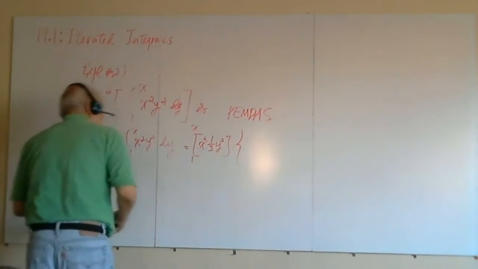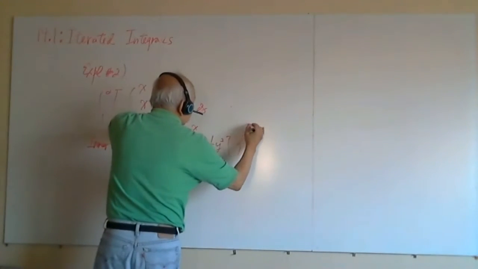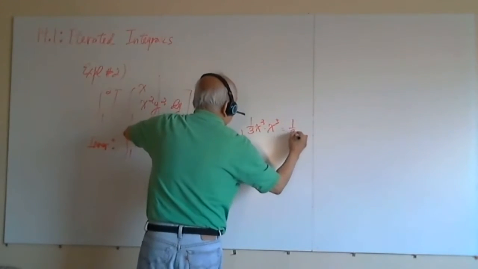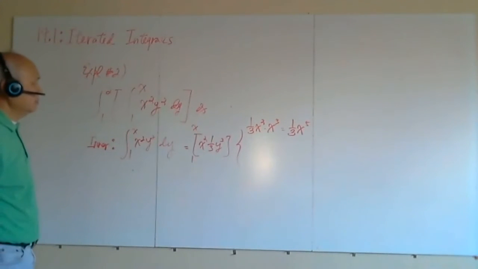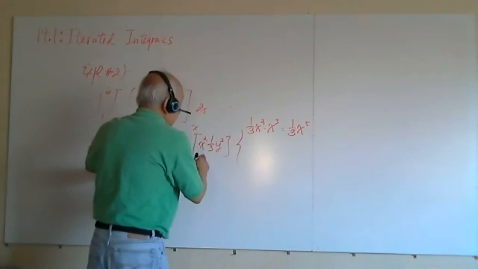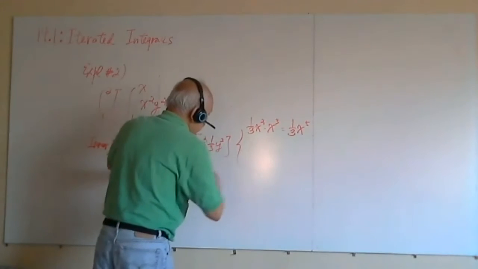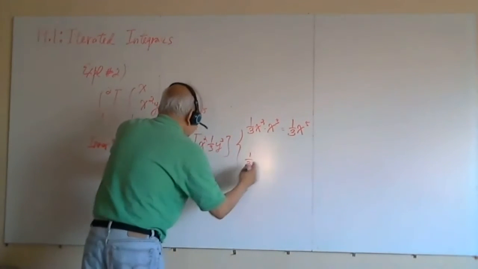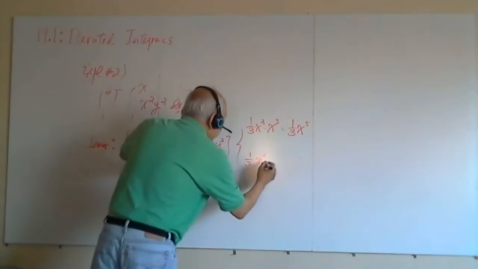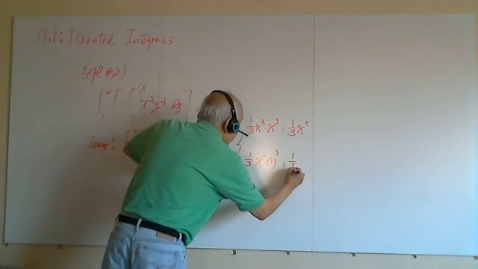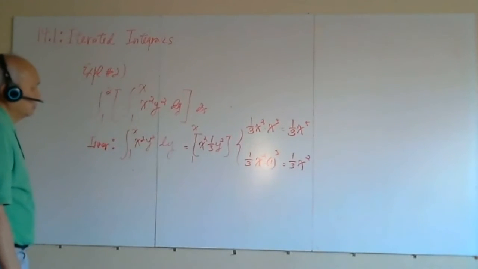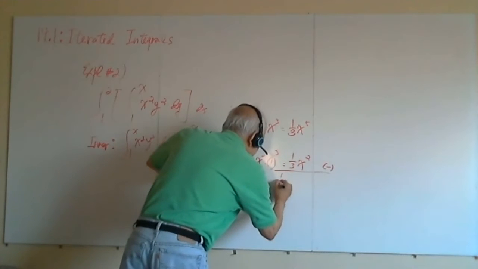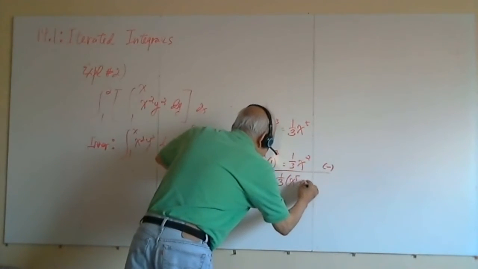If you break it down into the upper limit and lower limit, we get 1/3 times x squared cubed, which is 1/3 x to the 6th. Then plugging in 1, we get 1/3 times 1 cubed, which is 1/3. Subtracting this from the upper limit, it's going to be equal to 1/3 times x to the 6th minus 1.